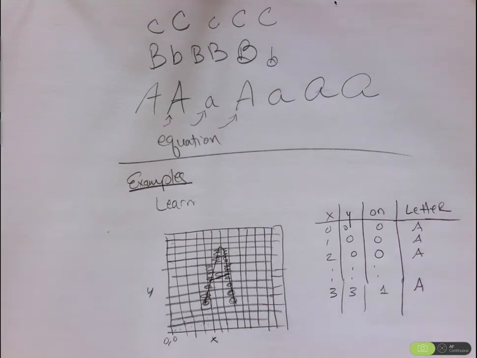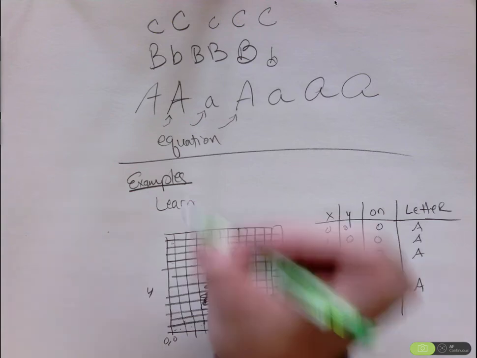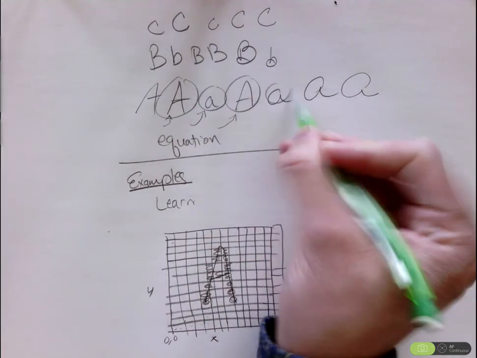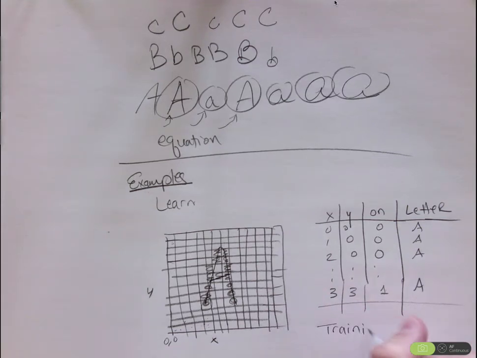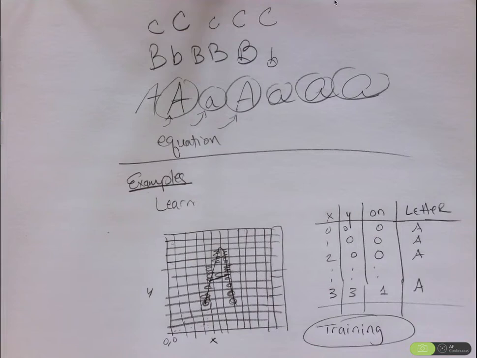Okay? So what we could do is complete filling out this table, and then we would have a representation of the letter A in a form that the computer can process. Okay? So we could do this for these other letters here as well, and fill out the little charts, and continue doing that for a bunch of letters, and we would have a big table, and it would contain all this information. And what we do is we call this our training data.